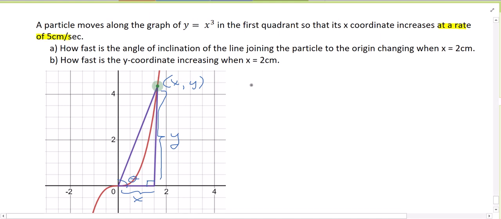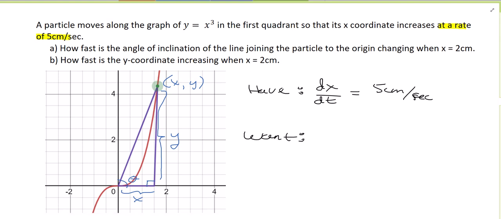So we have the rate of change of x. So we know that dx dt is 5 centimeters per second. So the x coordinate is increasing at a rate of 5 centimeters per second. And now what we want to know is how fast is the y coordinate increasing. So we want to know dy dt.